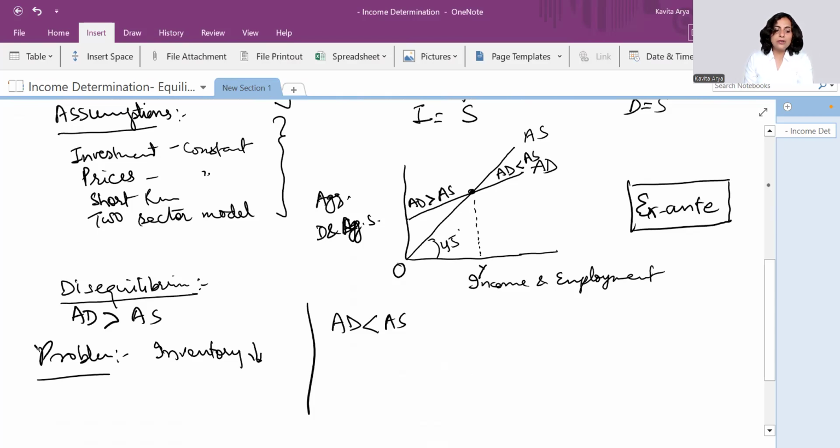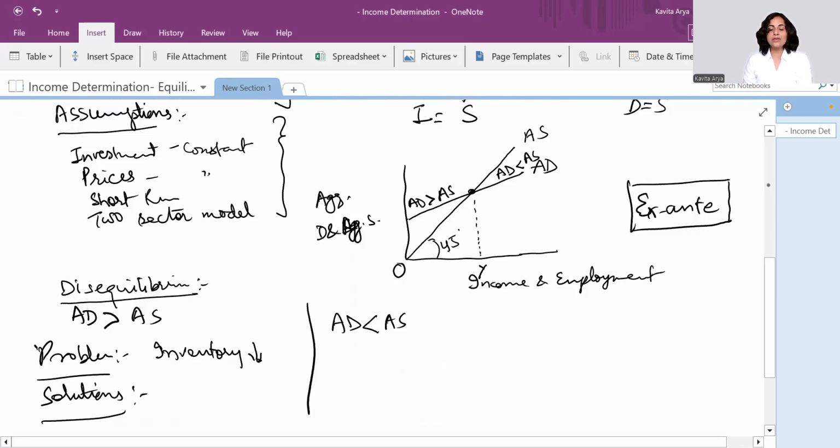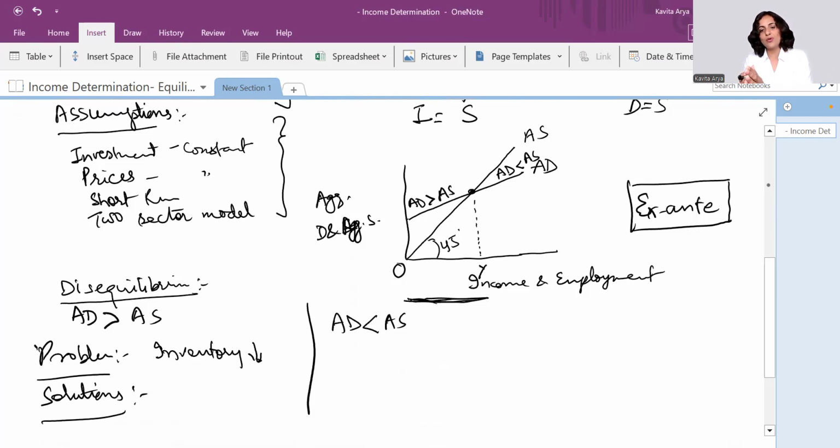So what is the solution to this? What would the economists advise in this situation? Now see the diagram, I'm trying to help you with the explanation from the diagram. In this situation of the OY region where AD is greater and AS is smaller, where are we to go?